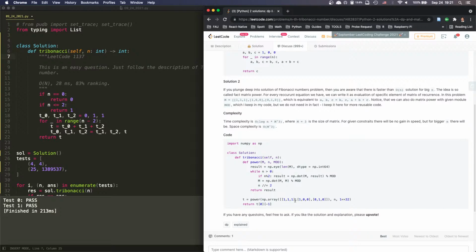I don't understand. Anyway, so 1, 1, 1, right? Oh, hold on. So 1, 1, 1 times this. We do m times result. So it's 1, 1, 1 times... the first column is the values, right?